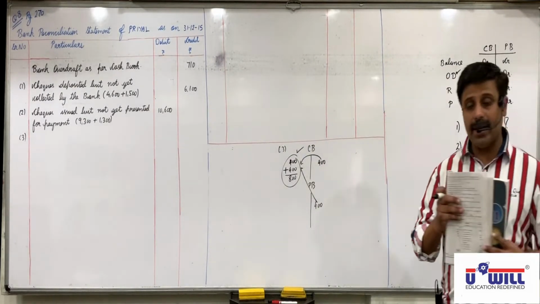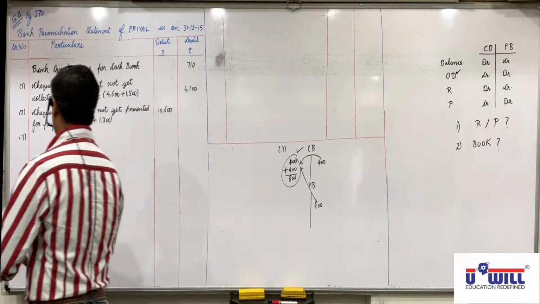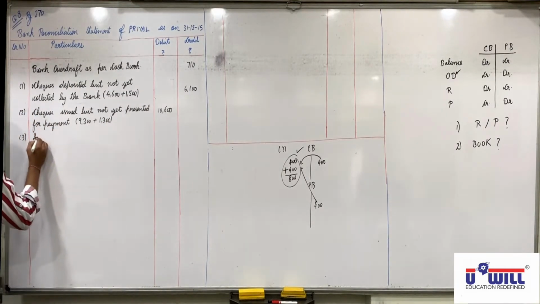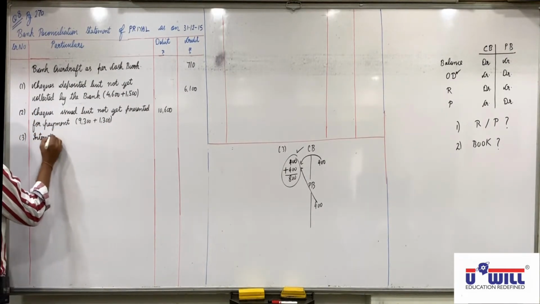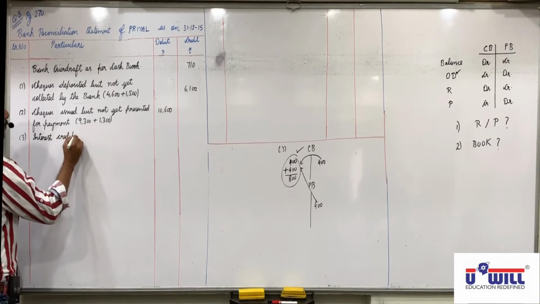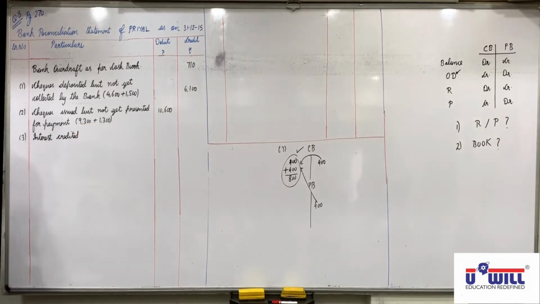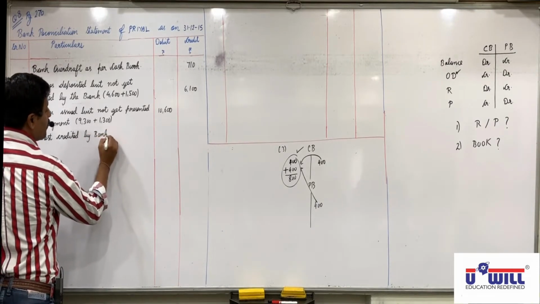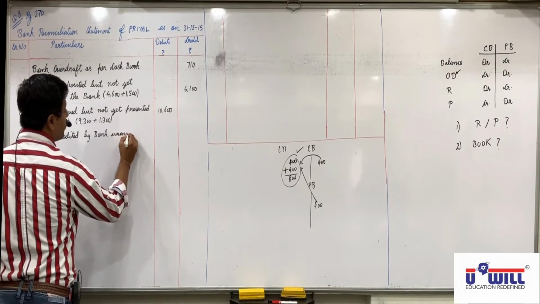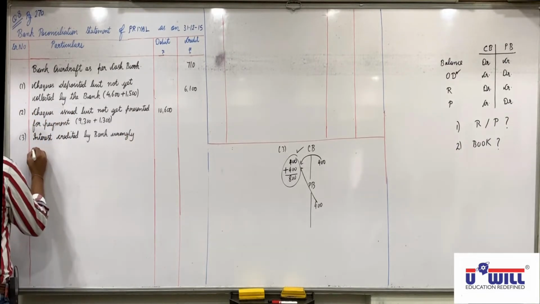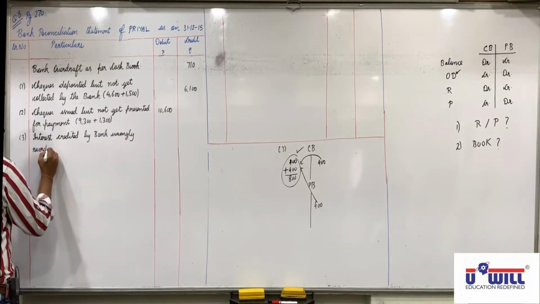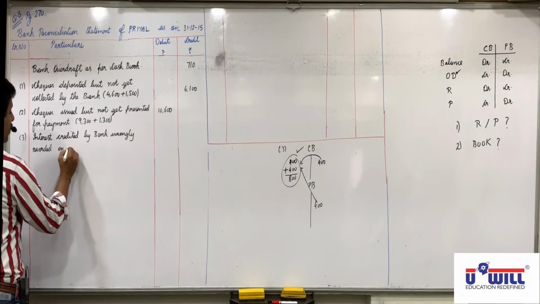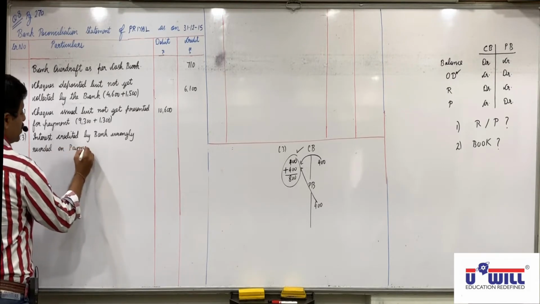So reason will be interest credited by bank wrongly recorded on payment side of cash book.